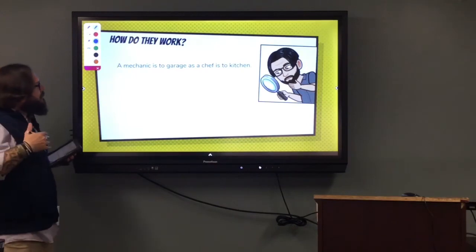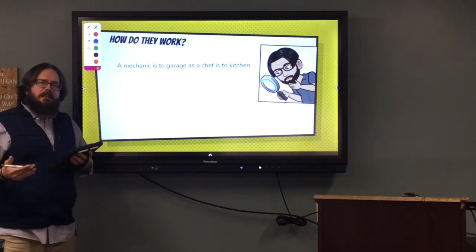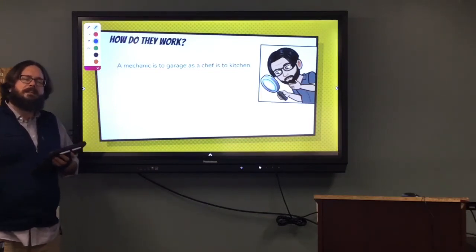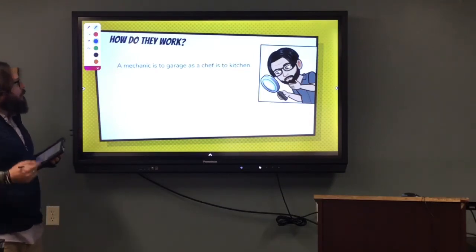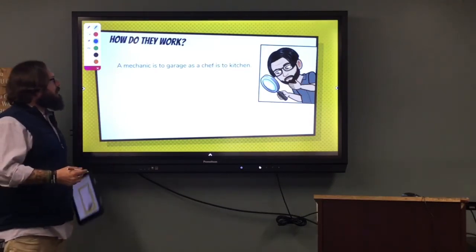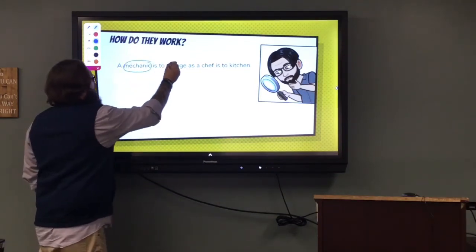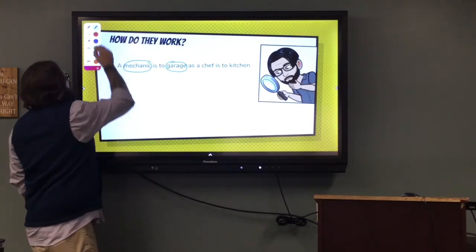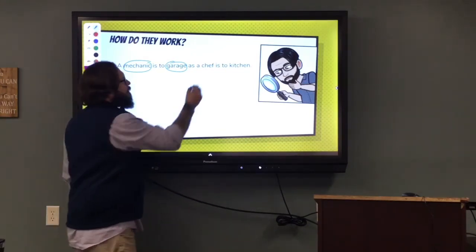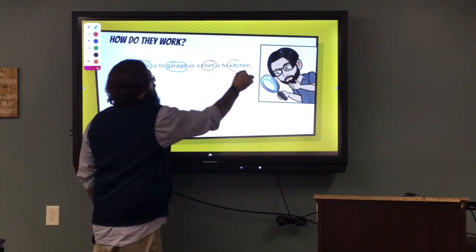So let's see if we can first identify our pairs and then use those pairs to see if we can determine the relationship that they share. So our first pair of words is mechanic and garage. The second pair of words is chef and kitchen.